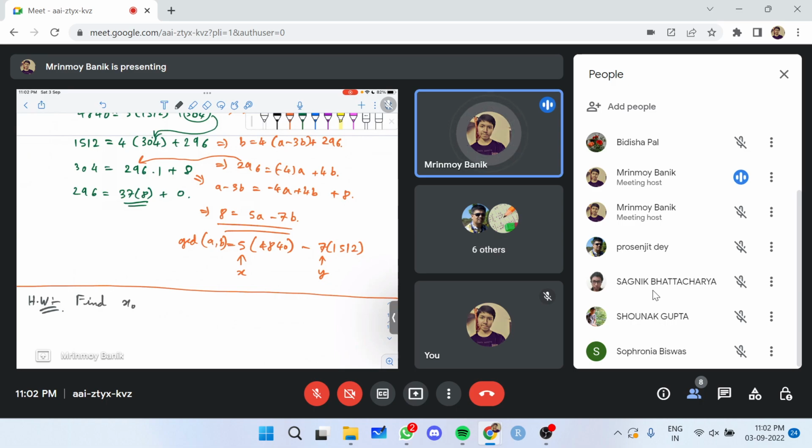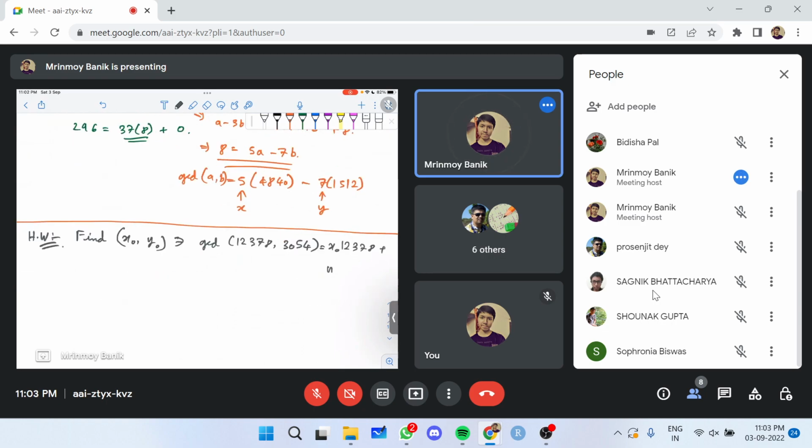Find x naught, y naught, integers of course, such that the GCD of 12378 and 3054 equals x naught times 12378 plus y naught times 3054, using Euclid's algorithm.